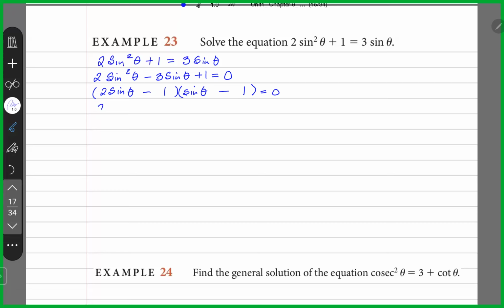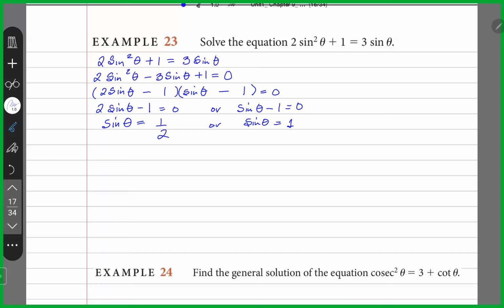So therefore it's 2 sine theta minus 1 is equal to 0, or sine theta minus 1 is equal to 0. So sine theta is equal to a half, or sine theta is equal to 1.